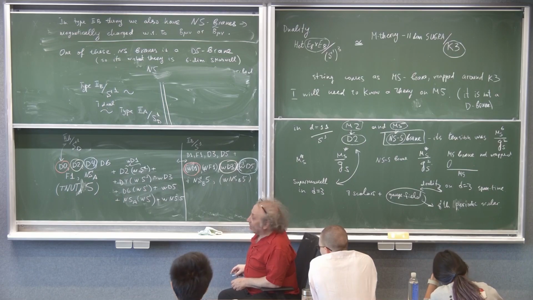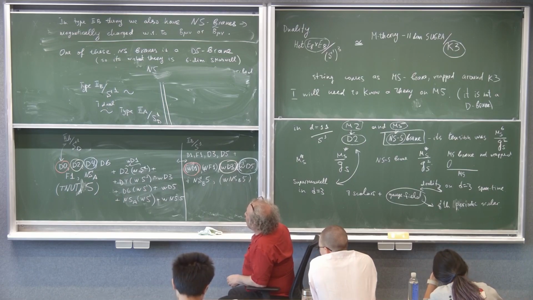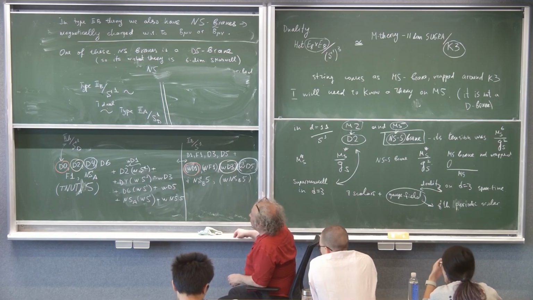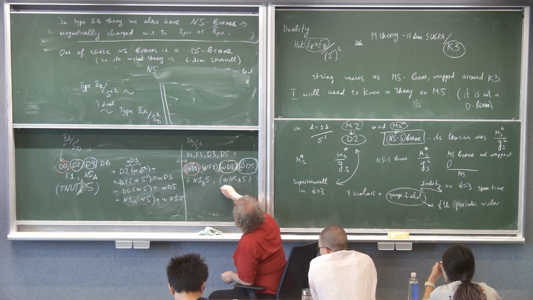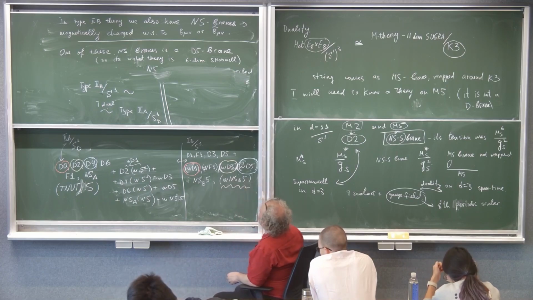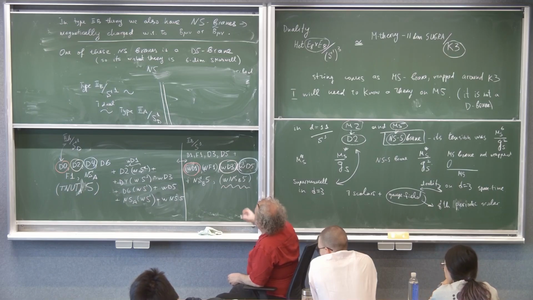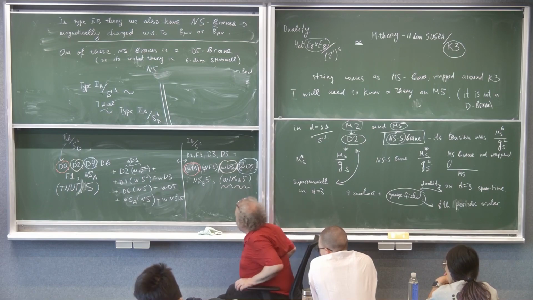So I try to see where would it come from, where would it go. So it is a 5-brane before it is wrapped. Yes. So after it's wrapped, it becomes a 4-brane. So good question. So where does this go? So it's a wrapped NS5 brane. Okay? So it should be a 4-brane.